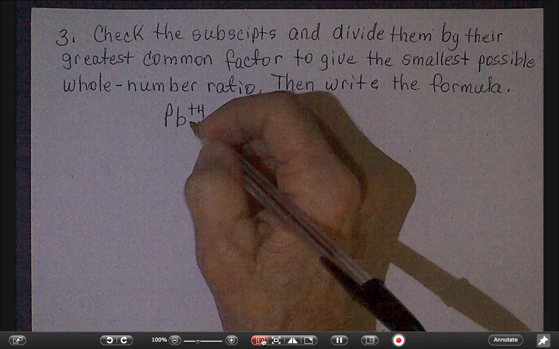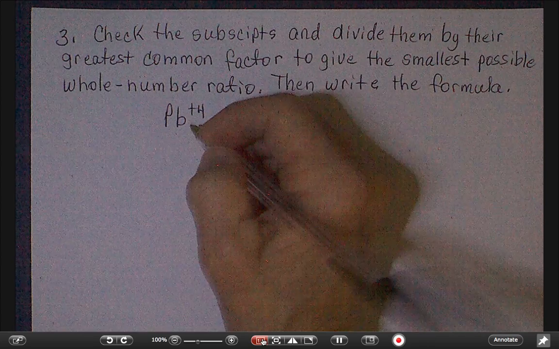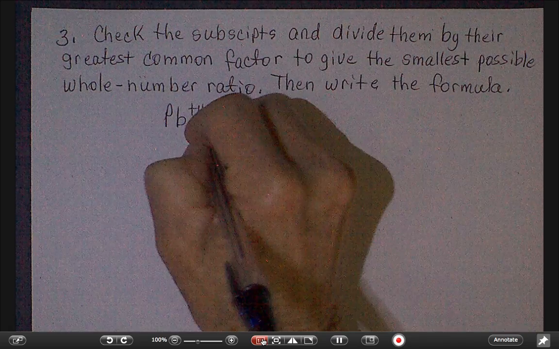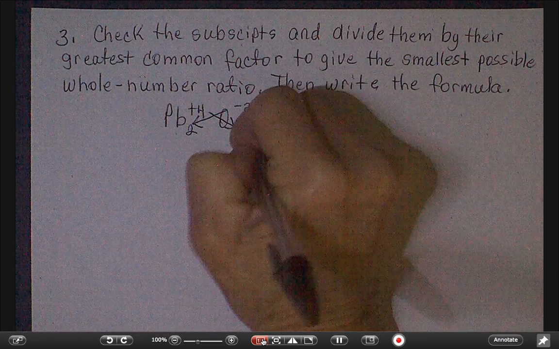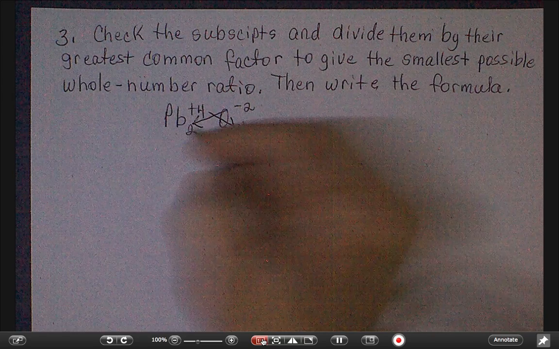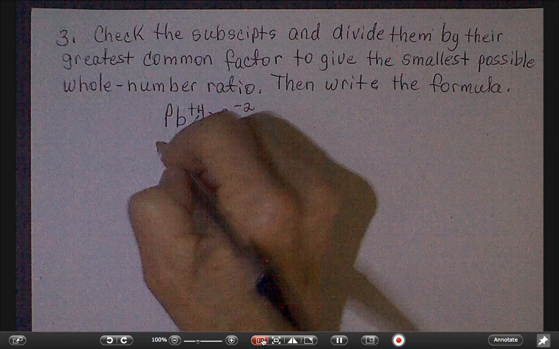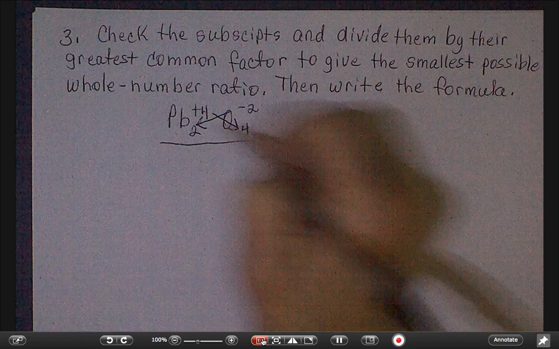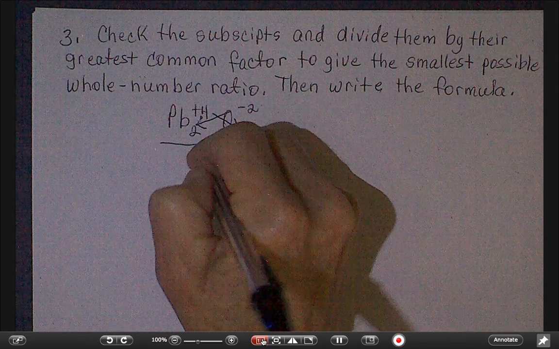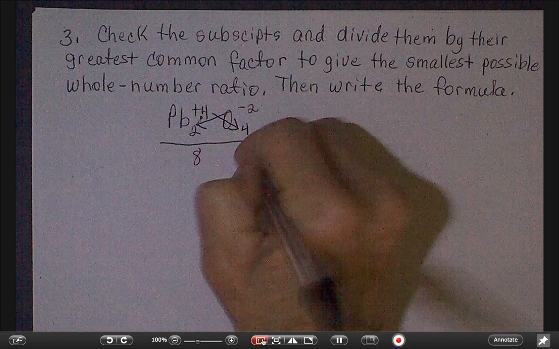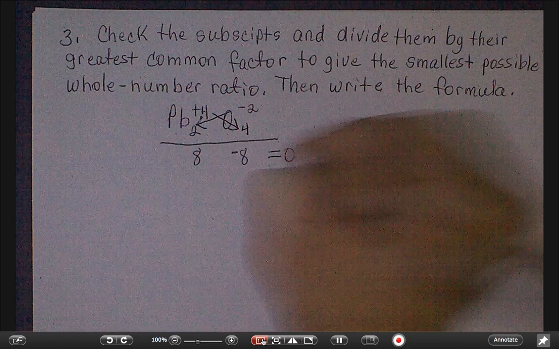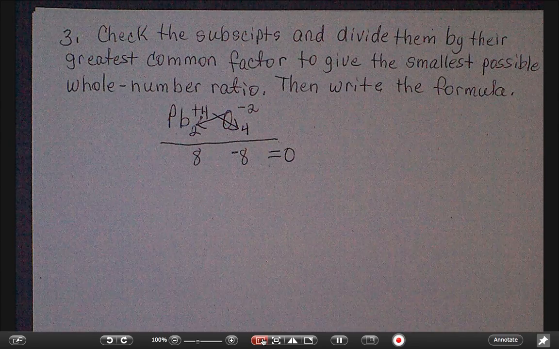So what do we do first? Crossover. That 2 and the 4. Let's check our charges. 2 times 4 is what? 8. And 4 times the negative 2 is negative 8, which equals 0. Okay, so we know that's correct.